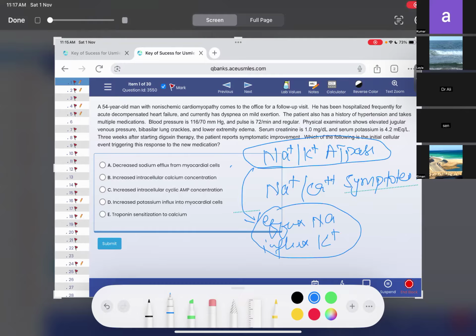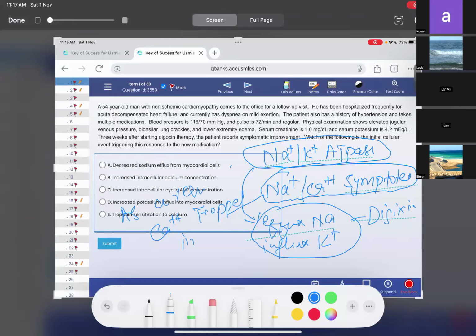Whenever it is blocked by digoxin, this symporter doesn't work properly, as a result of which the calcium will be trapped inside, and we know that increased calcium means increased contractility.